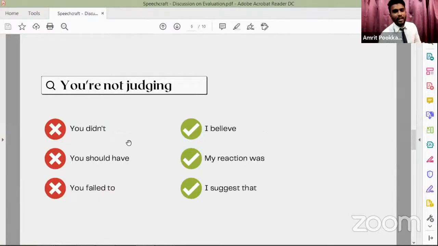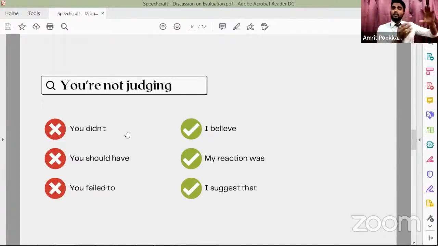All right. Now, again, we are not judging. So avoid using harsh statements like, you didn't do that, you should have done this, you failed to do this. Avoid such statements and instead go with more positive statements like, I believe you should have done it this way.